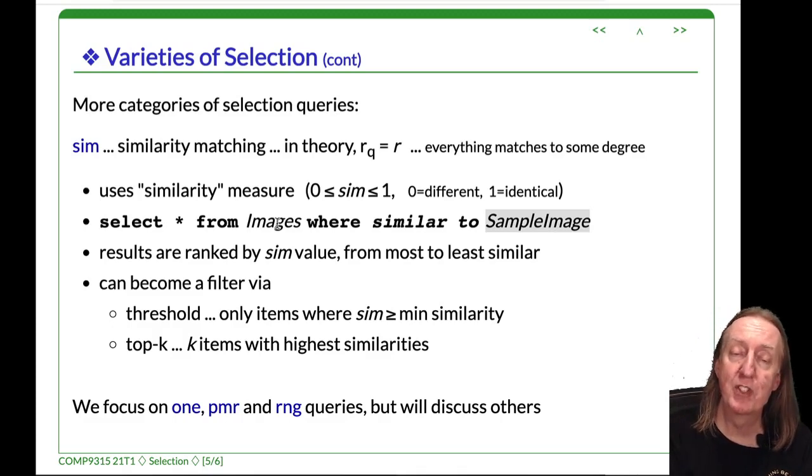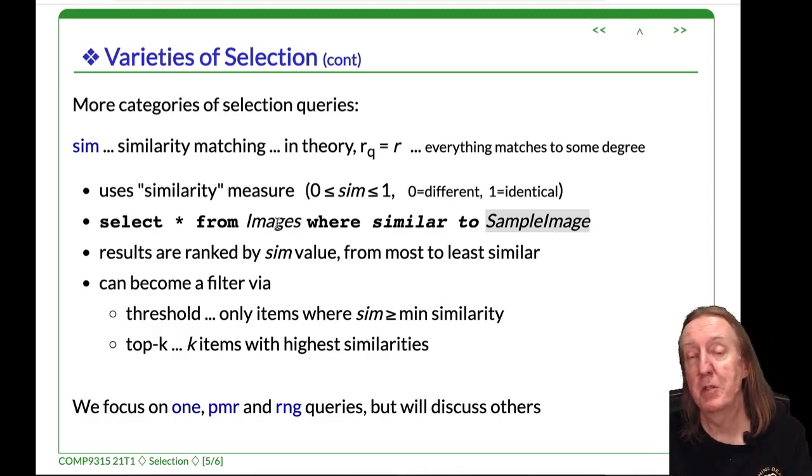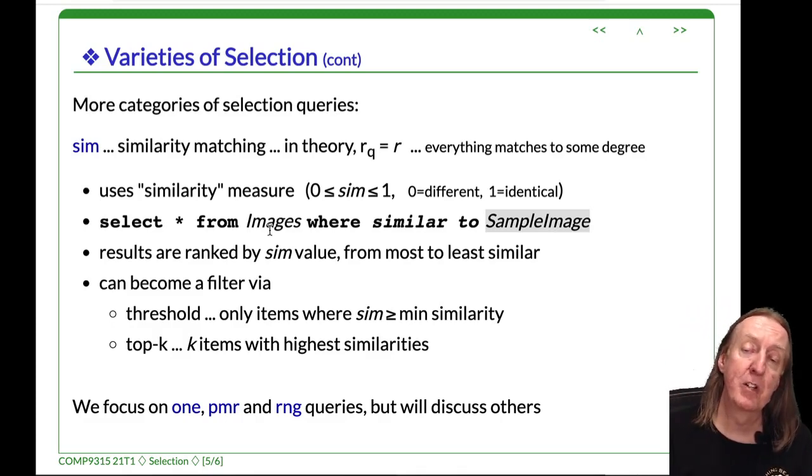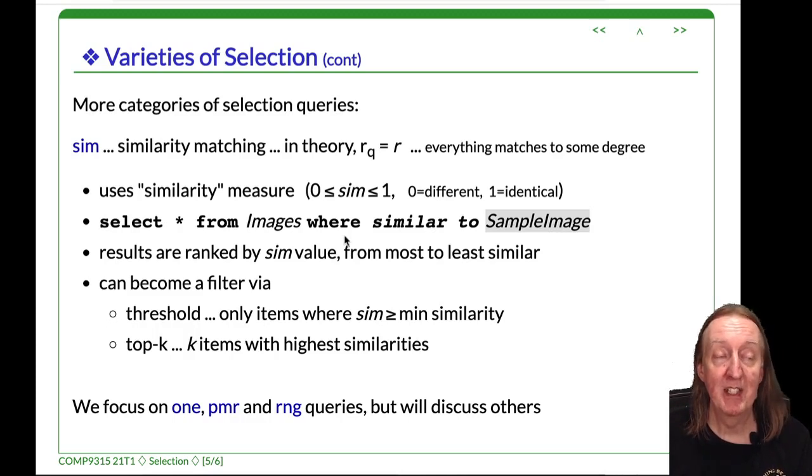They'll be the most similar matches. And then we may have things where the similarity is 0.5 or even 0. I guess you'd get that with a really extreme example: an all-white image is your sample image, and somewhere in the database you've got an all-black image. I imagine that the similarity there would be 0. All right, so ranking is an important concept once we get to similarity matching.